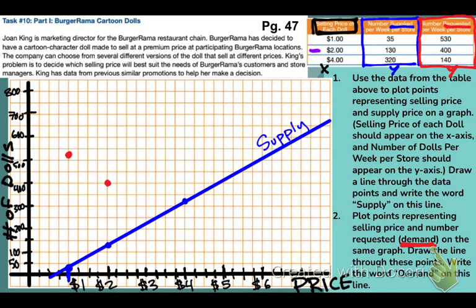And at $4, the demand is 140. So that should be right about there. Just like before, we said 3 points is plenty to make a line, so I can connect those dots. And the last part in that problem says to label it demand.